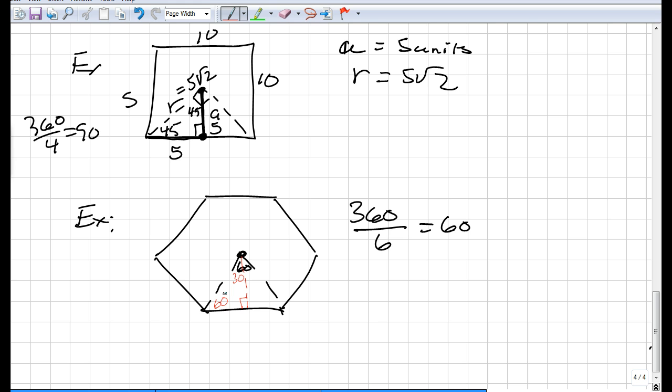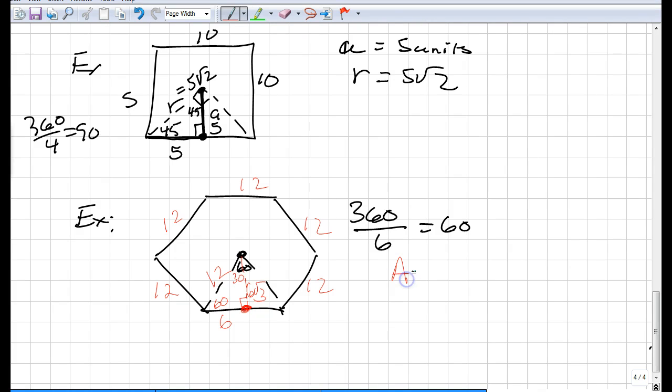Okay? And let's say I know that the sides of this are 12. Okay? And so if the sides are 12, this is a midpoint, so this has to be 6. So that means that the apothem is 6 square root 3, and the radius is 12.